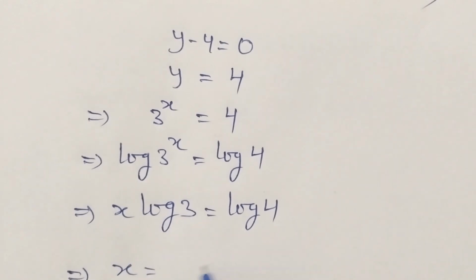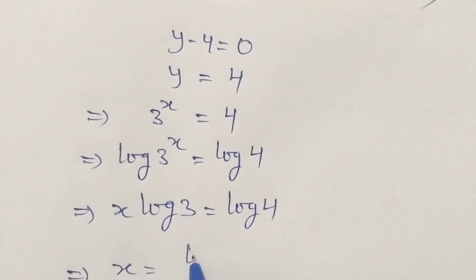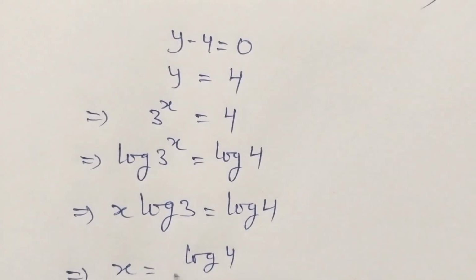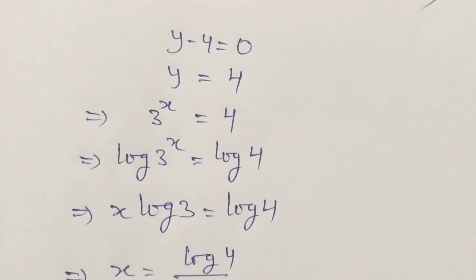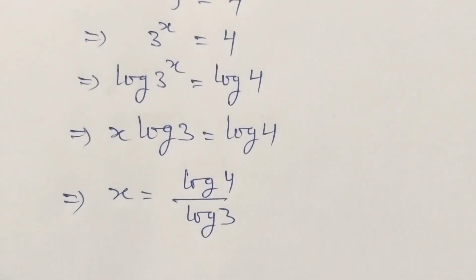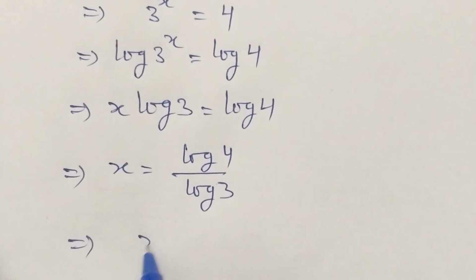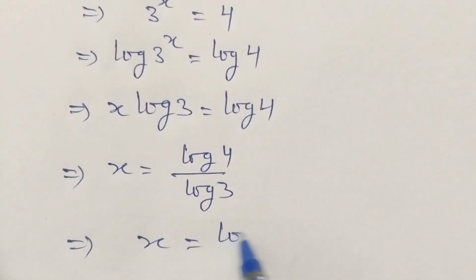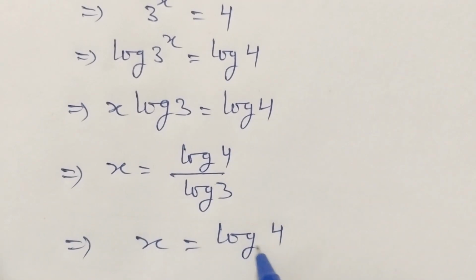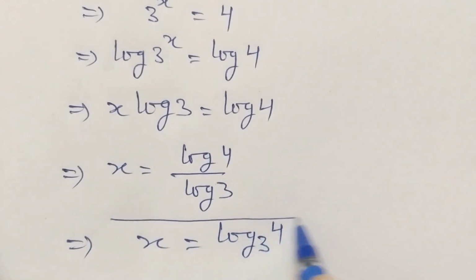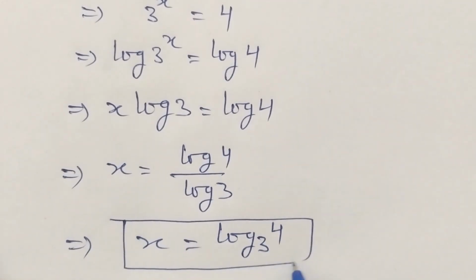So x is equal to log of 4 over log of 3. So x is equal to log of 4 base 3. Here we have used the change of base rule.